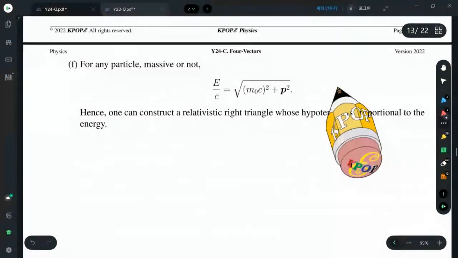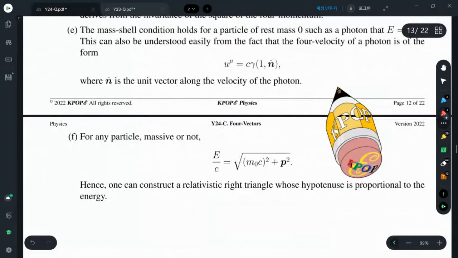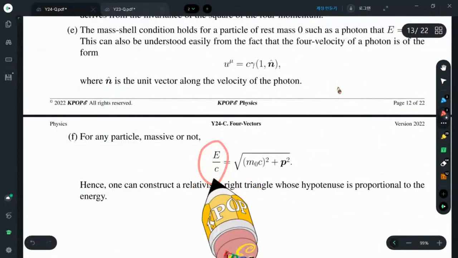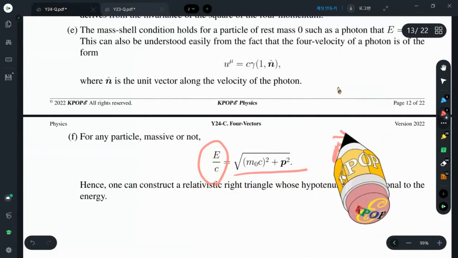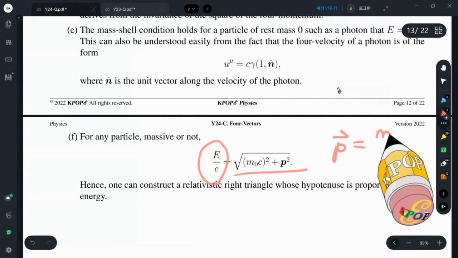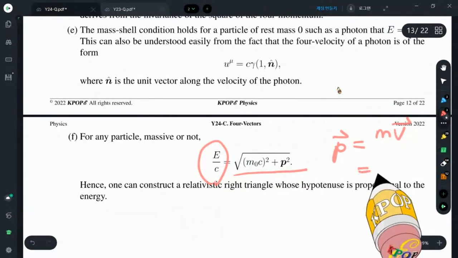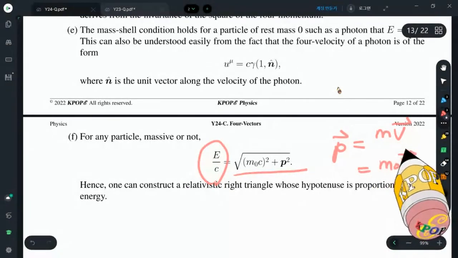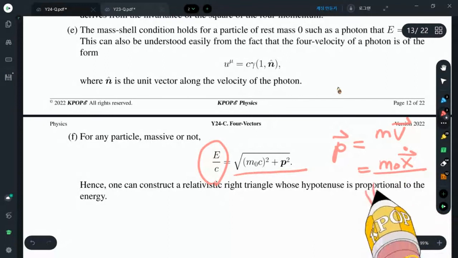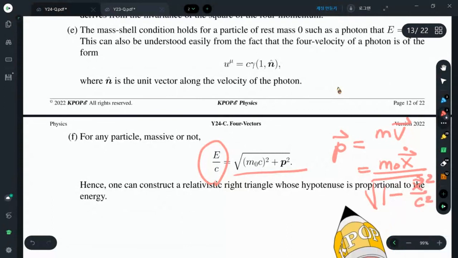These are repetition. So today we learned that the energy of a particle can be expressed in terms of this, and the momentum of a particle is mv. However, this m depends on the velocity, x dot, through the square root of 1 minus x dot squared over c squared.